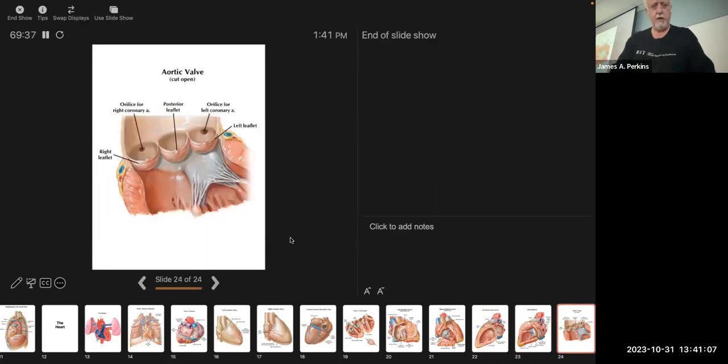So last thing to show you is the aortic valve itself. When you do your dissection into the left ventricle, you're actually going to carry that cut right up through the aorta itself.